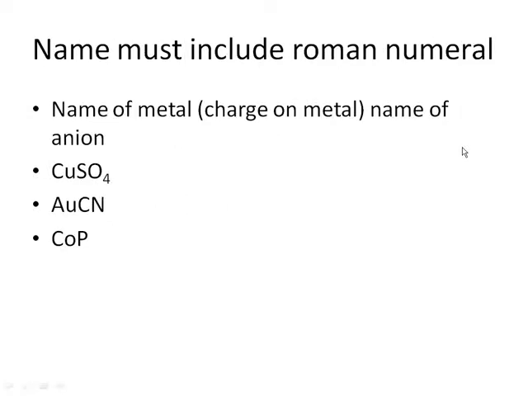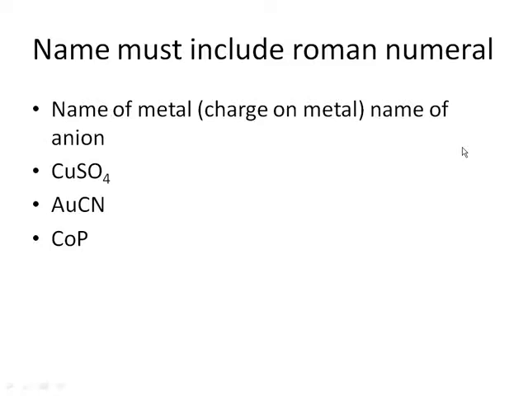When we go to name these compounds that include variable charge metals, like I said when we started talking about this, we need some additional information in the name that will tell us what the charge on the metal is. So we just went through and calculated the charge on each of these metals. Now we're going to name them. The name is going to include a Roman numeral in parentheses that has the charge.